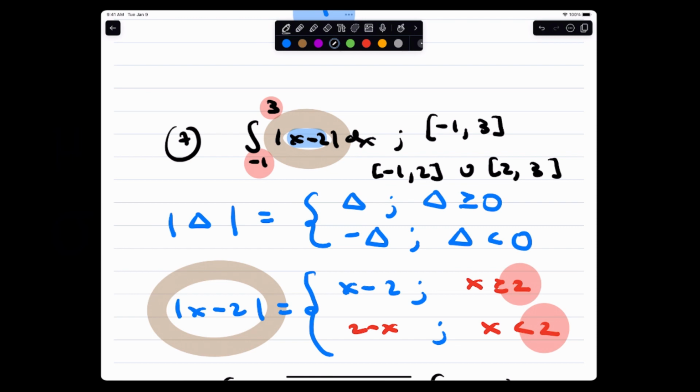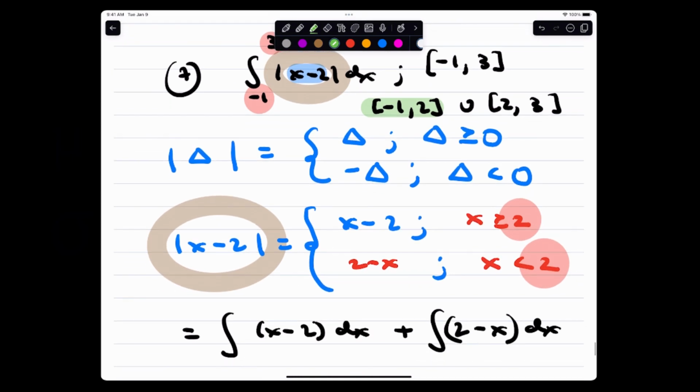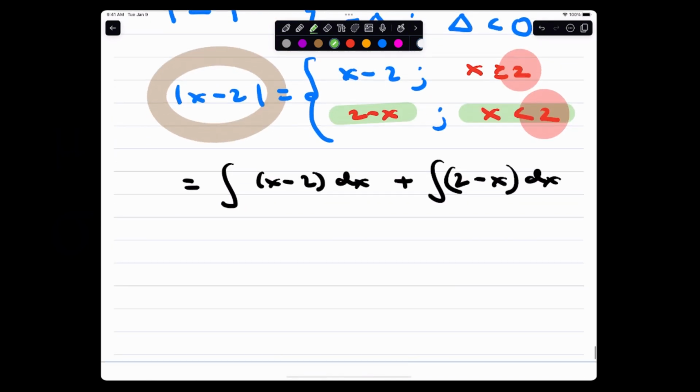Which function is this one? See that? Which piece do I use for this? -1 up to 2. Oh, those are for values that are smaller than what, 2? Is that right? So we're going to use -1 up to 2. I guess I should have written it this way. -1 up to 2, you use 2 minus x dx.